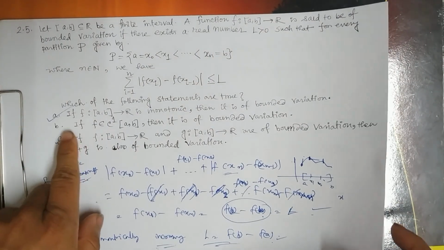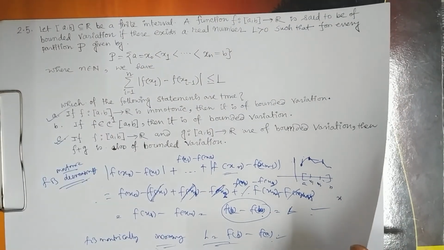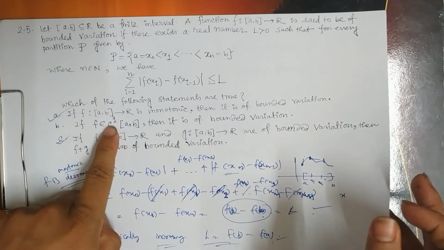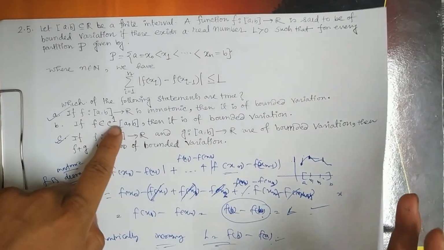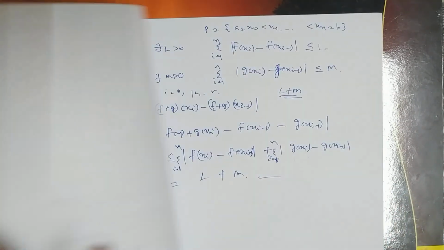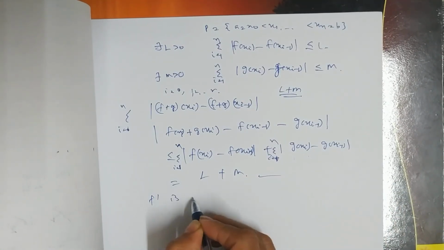Now we consider option B. This symbol means f is continuously differentiable, so what we have is that f prime is continuous.